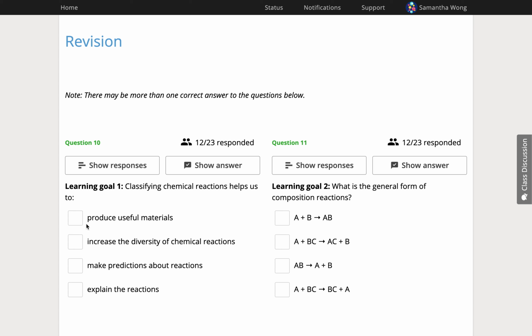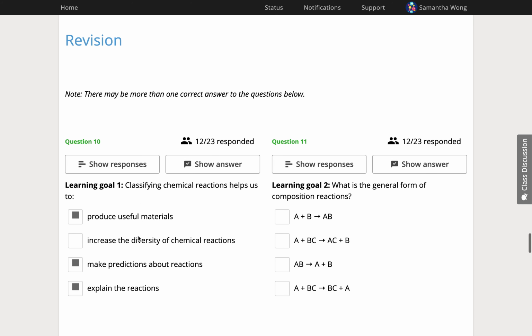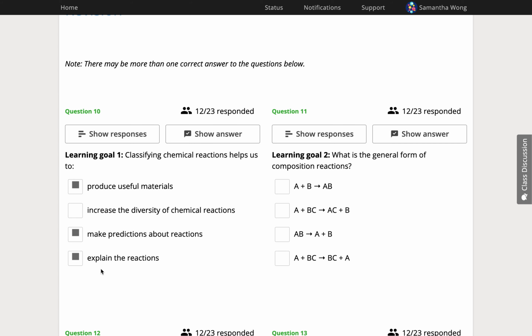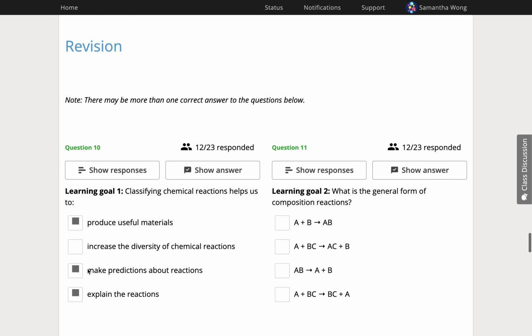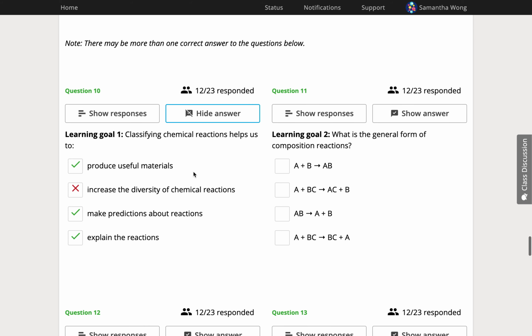But in this particular case, I would select these 3 because we know, based on the previous question alone, it's these bottom 2, so make predictions about reactions and also explains the reactions, but it also produces useful materials. So if we just show our answer, it'll just double check and confirm that.